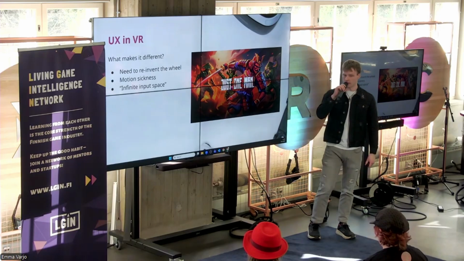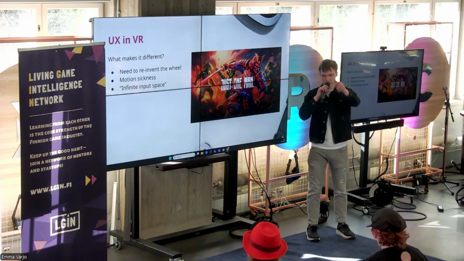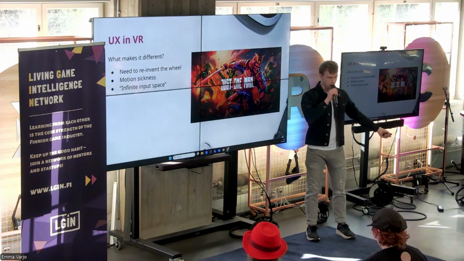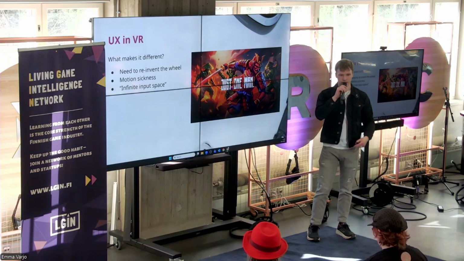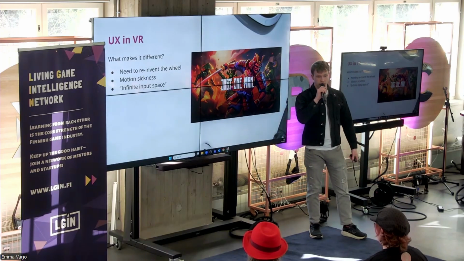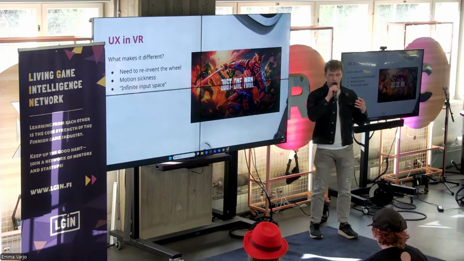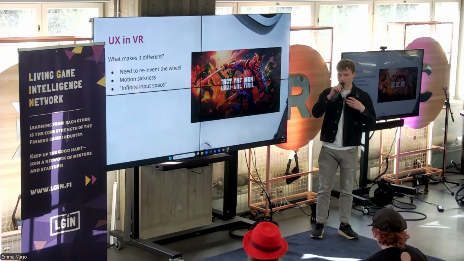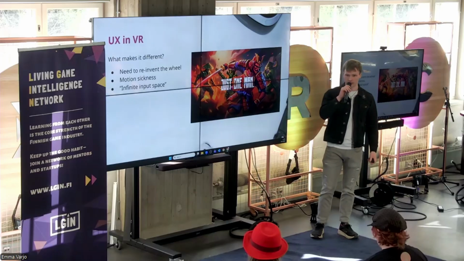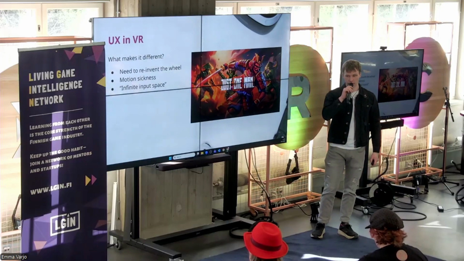But in VR, your player can hit this way or that way or this way. They can move their hands basically any way. And we need to interpret that as a gameplay action or not, depending on what we want to do with the movement they are doing.